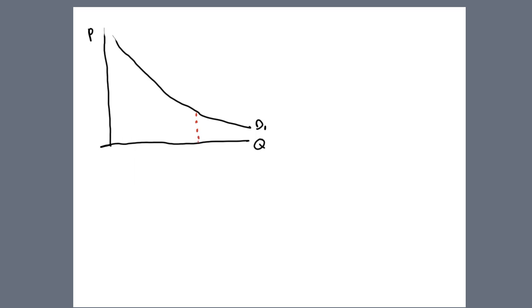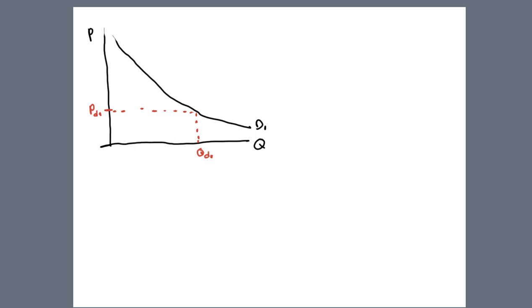This would be the quantity demanded from the first demand curve. And then I could also think about the price at which that quantity is demanded.